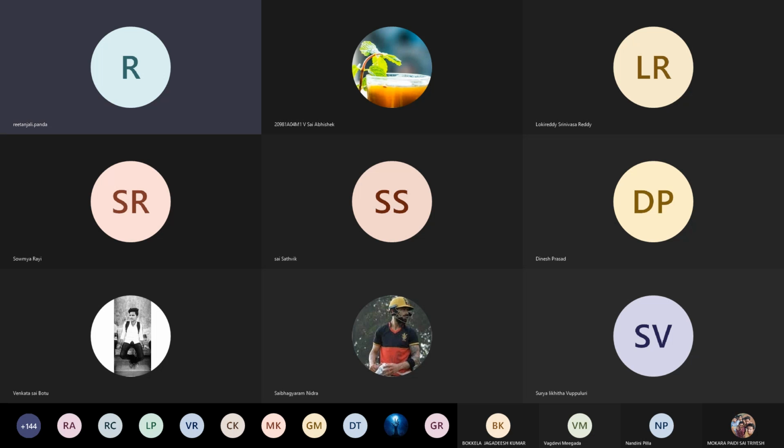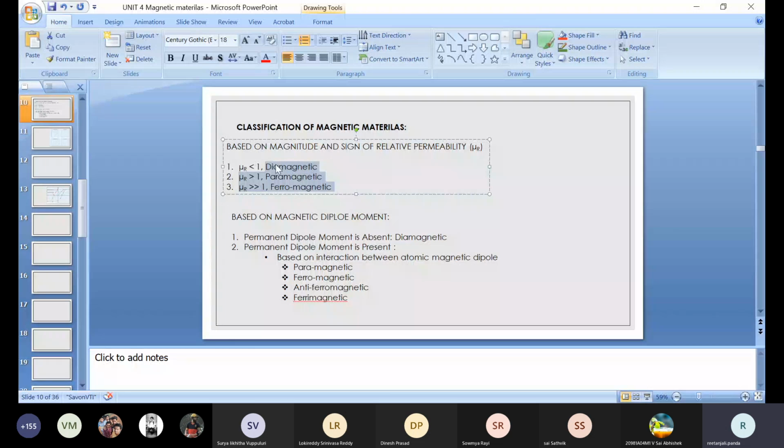Diamagnetic, paramagnetic, and ferromagnetic materials are the most important three types we are using. Antiferromagnetic and ferrimagnetic materials have little use, and according to your undergraduate course they don't hold that much importance. That's why we will only focus on diamagnetic, paramagnetic, and ferromagnetic material.